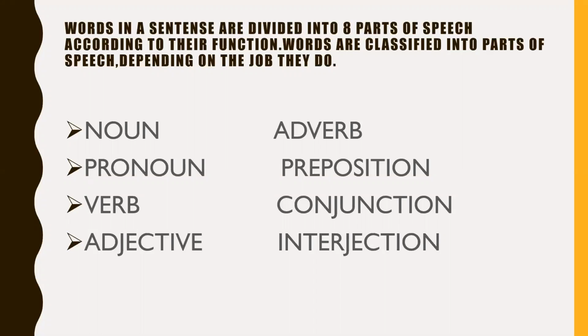These 8 parts of speech are noun, pronoun, verb, adjective, adverb, preposition, conjunction, and interjection. In today's video, we shall discuss the first 4 parts of speech. These are noun, pronoun, verb, and adjective.